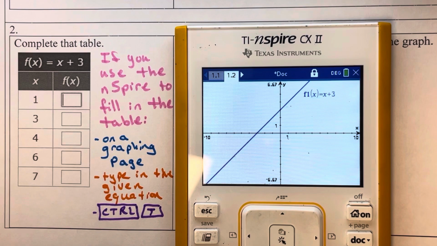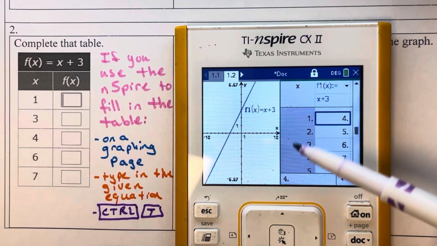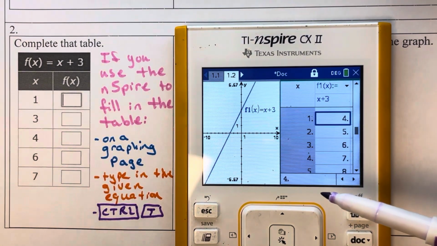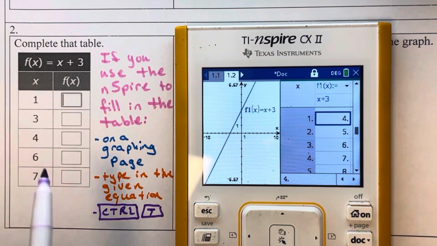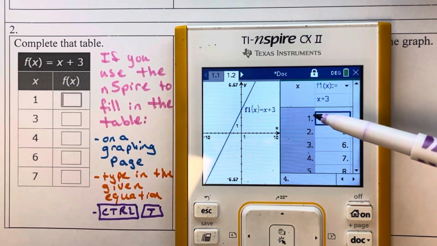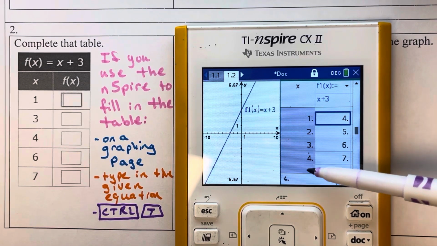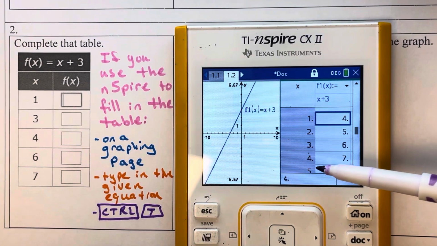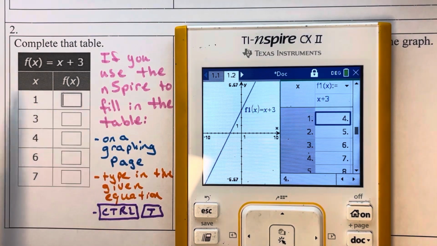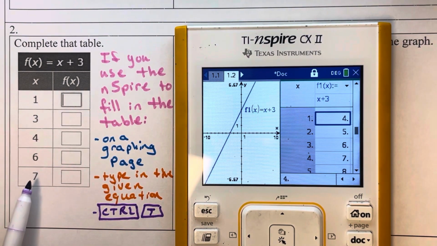At this point, if you push Control and the letter T, we now have the table of values given to us so that we can fill in our own table. Small caution. This table of values automatically goes 1, 2, 3, 4, 5, etc. And the table on your specific problem may not go 1, 2, 3, 4, 5. Ours does not.